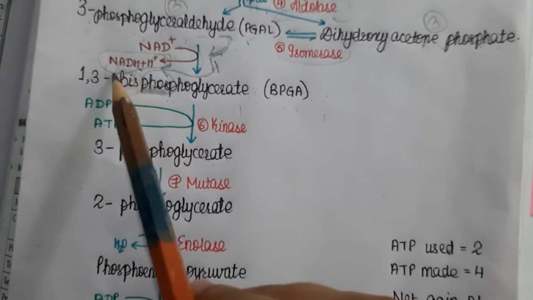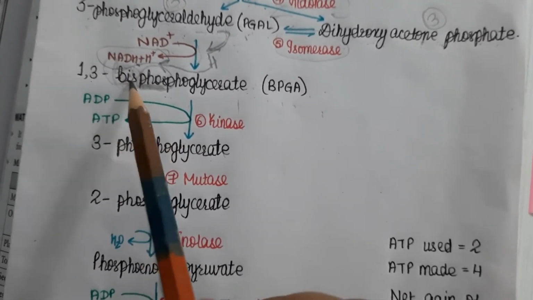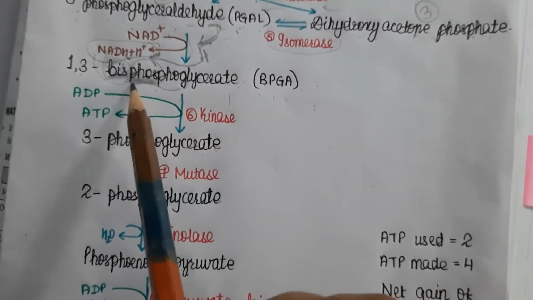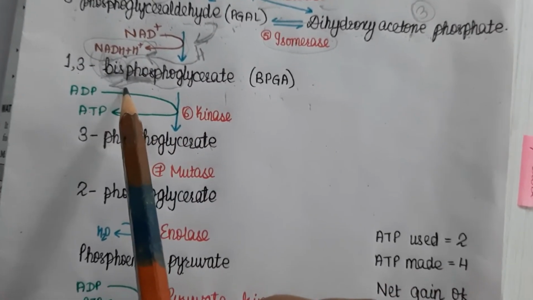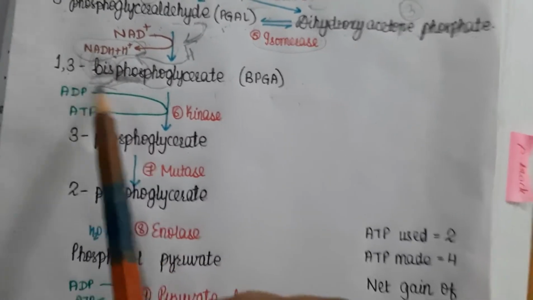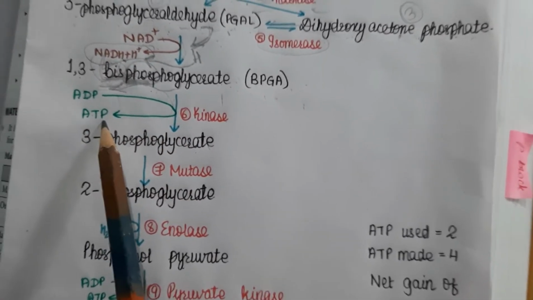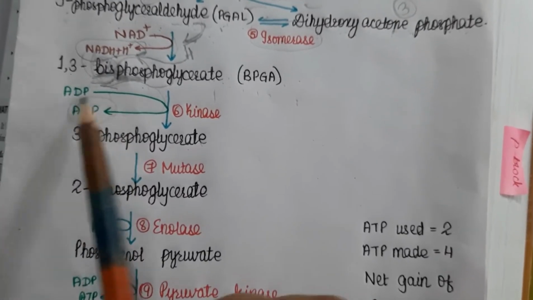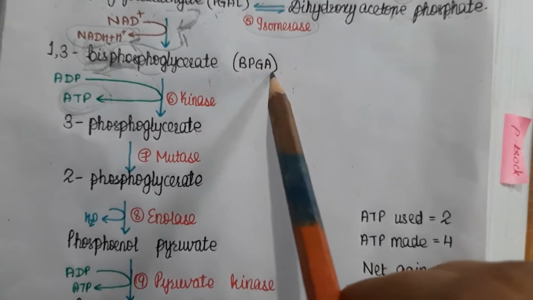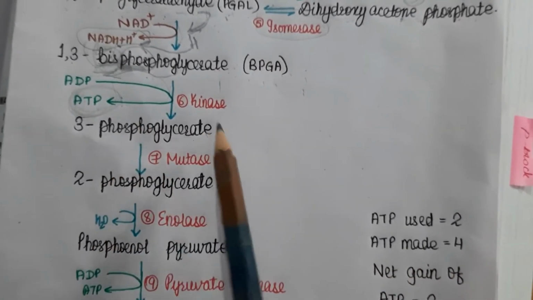So what happened to the one more phosphate group which was here? The phosphate group goes to ADP. Now ADP receives its phosphate group and gets converted into ATP. So this is the first synthesis of ATP in glycolysis, which is from BPGA to 3-phosphoglycerate.